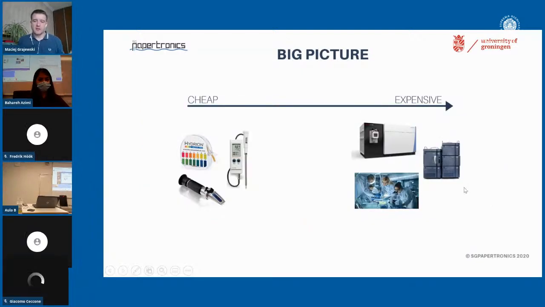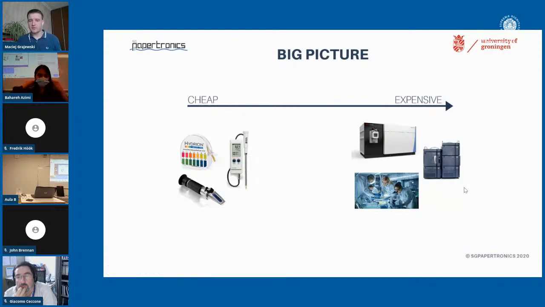Like in every market, there are two ends of the spectrum: very cheap handheld devices, maybe not the most convenient in use, and on the other end you can spend hundreds of thousands of euros or dollars on equipment and trained personnel to achieve much better results. Of course, there's a niche that is being filled with more and more advanced technologies at a relatively affordable price. That's where we want to be placed as well.